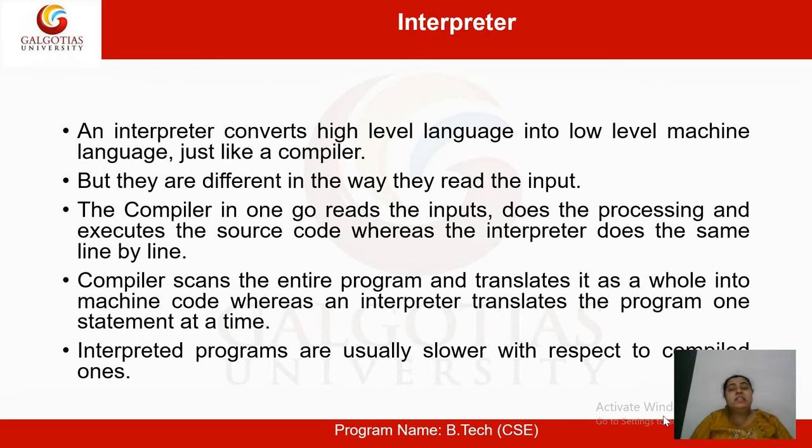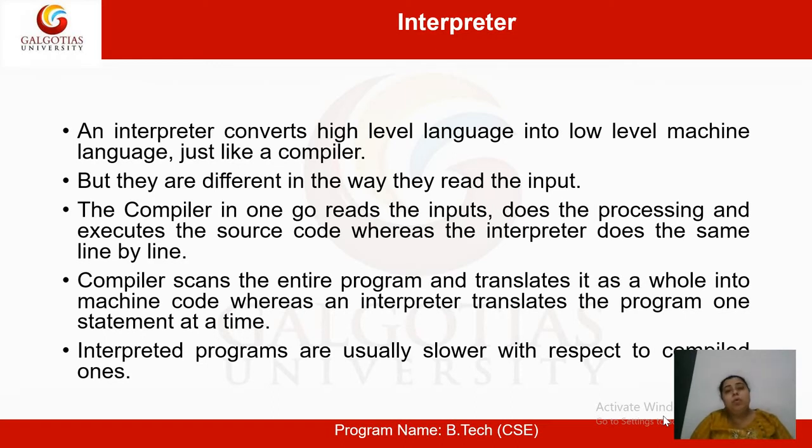A compiler takes the whole program in one go, reads it as input, does the processing, and executes the source code, whereas an interpreter does the same line by line.